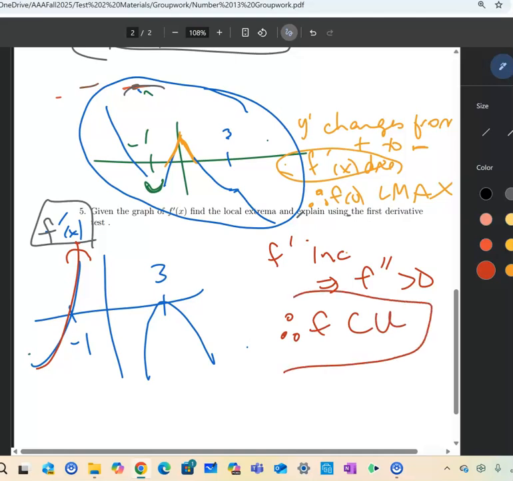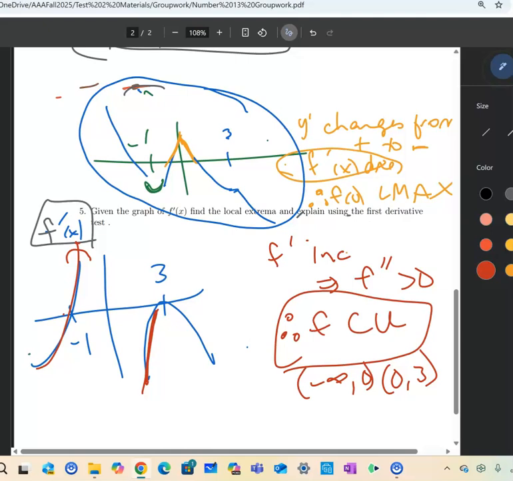So the graph is concave up when the thing is going up. Okay, where else is it increasing? Oh, look at that. It's increasing here to here, right? So it's increasing here and here. So it's concave up between -infinity and -1. I'm sorry, -infinity to 0, right? -infinity to 0, and then again from 0 to 3.